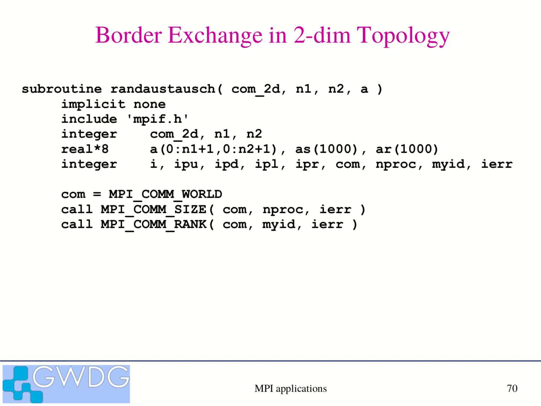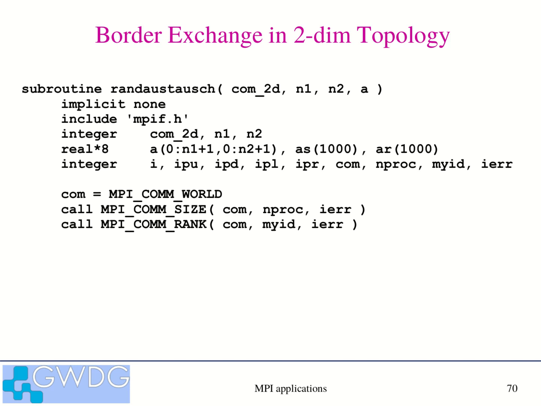And then I have again the local piece of the field containing the temperature data, which runs from 0 to n1 plus 1 and 0 to n2 plus 1.